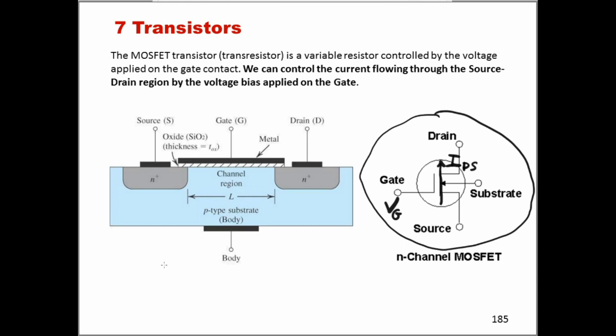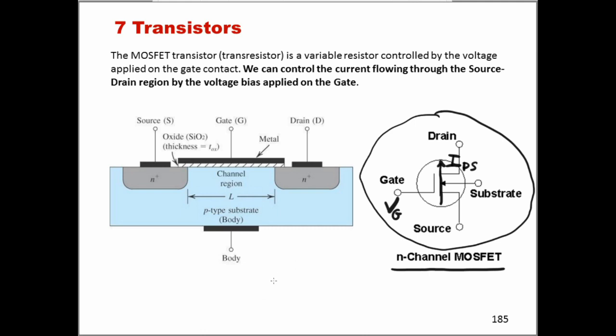In the next slides, we will focus on this type of MOSFET for simplicity that has a P substrate. And just to be familiar with the naming and the formalism we will use, this type of MOSFET is also known as an N-channel MOSFET. And we will see why in a moment.